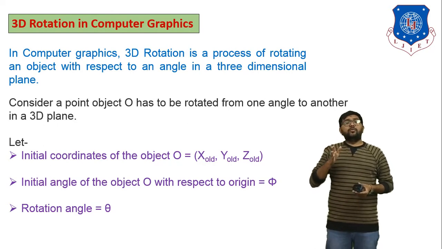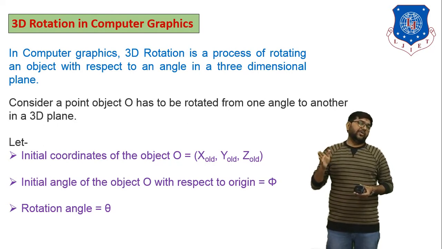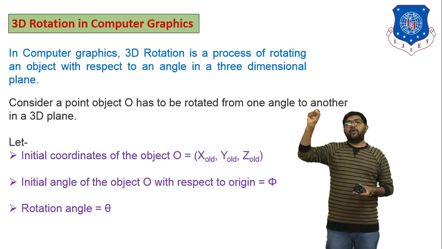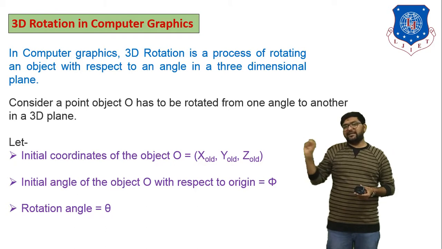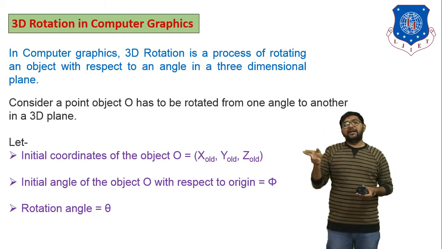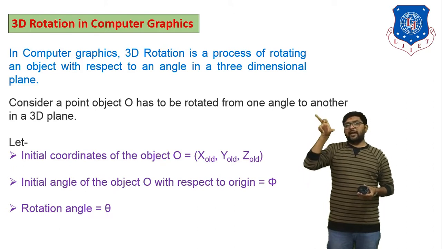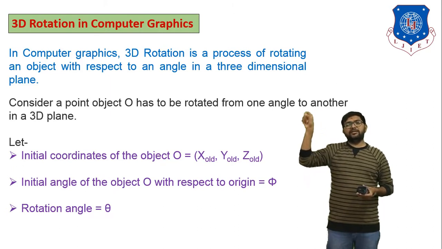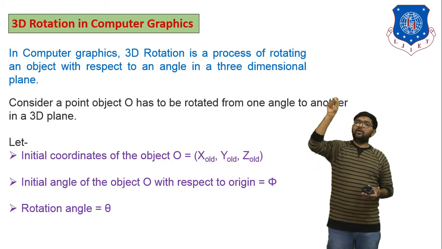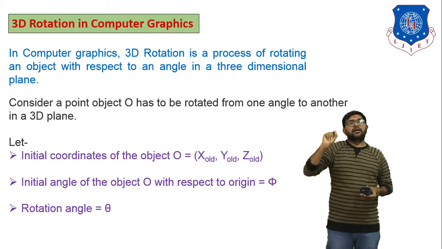The initial angle of the object O with respect to the origin is phi. Initially the original point makes an angle phi with the x axis, and the rotating angle is theta. So the point already makes an angle phi with the x axis, and after that we rotate this point in the anti-clockwise direction by angle theta.